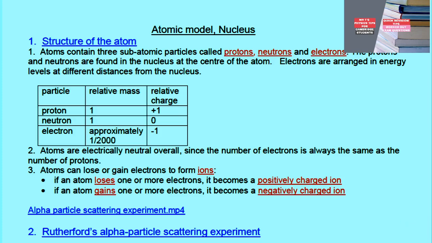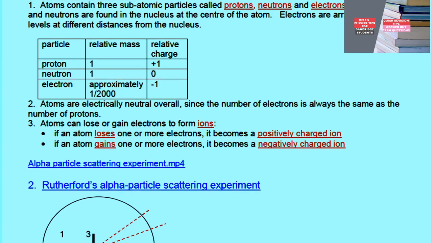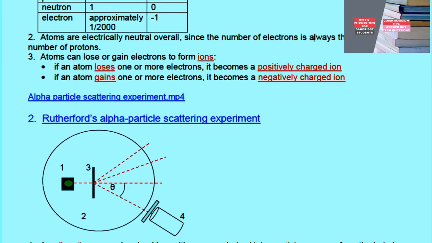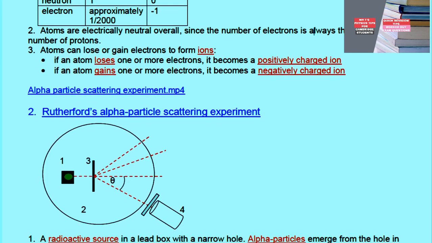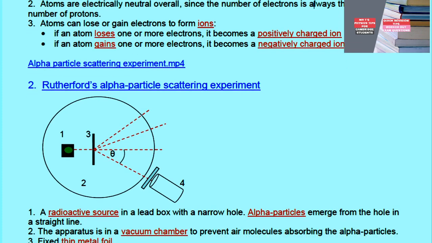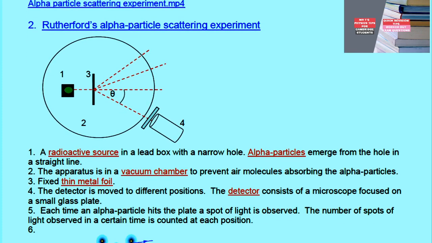Right, the alpha particle scattering experiment. This was done by Rutherford. Now that's the setup for the experiment here. What Lord Rutherford did is he bombarded a gold foil, which is shown there.